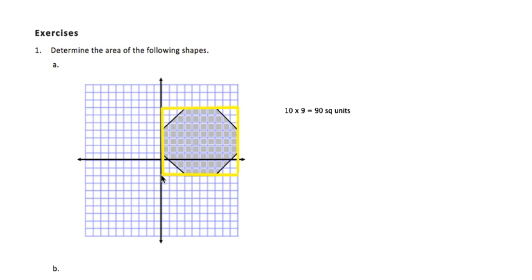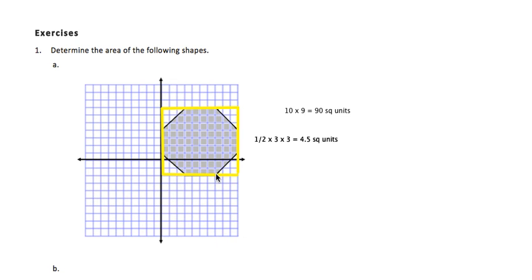Again, just travel across on the grid. 1, 2, 3 is our base, and our height is 1, 2, 3 as well. So the formula will be 1/2 times 3 times 3. Which gives us 4.5 square units.